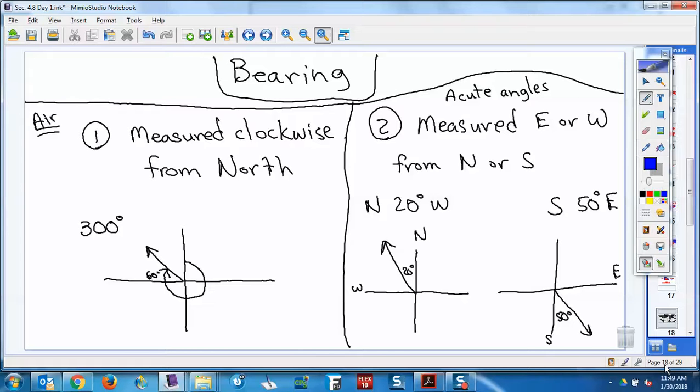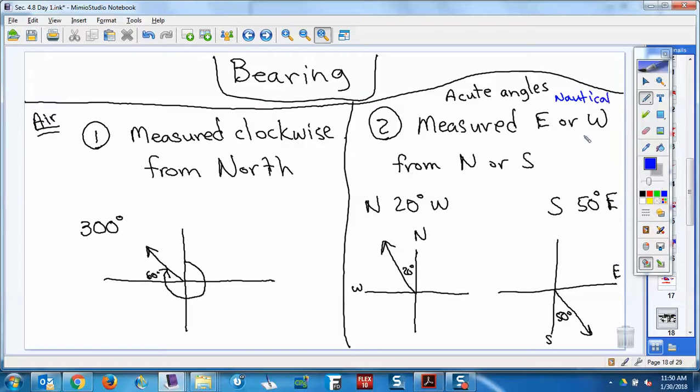Now, if you have a problem with a plane, in air navigation, they do it differently than possibly nautical direction, nautical bearings. That would be more nautical, or on water.